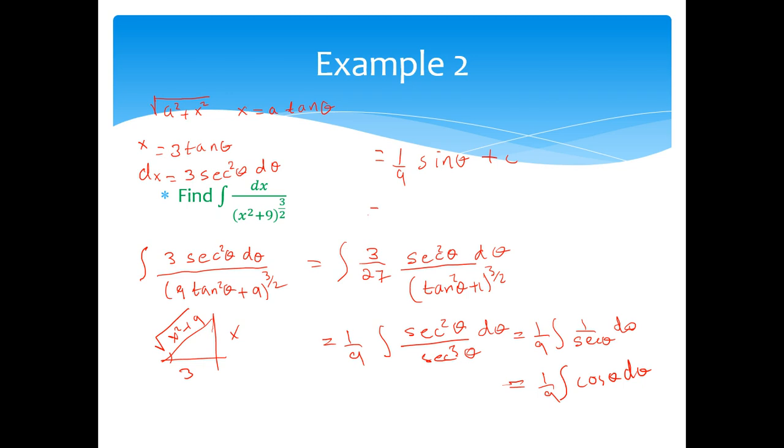That gives me 1 over 9 times x divided by the radical of x squared plus 9, plus c. That should be the final answer.